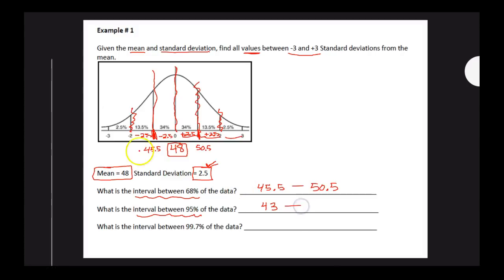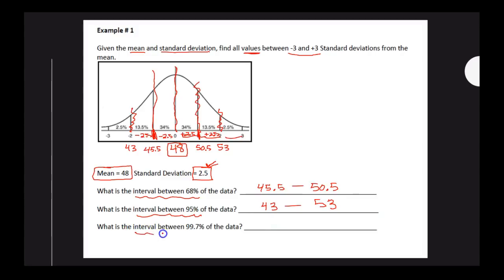And if we add another standard deviation going this way, so we take 50.5 and add another 2.5 to it, make sure you're doing this yourself on your calculator, you'll get 53. So 95% of the data, 2 standard deviations from the mean, goes from 43 to 53.